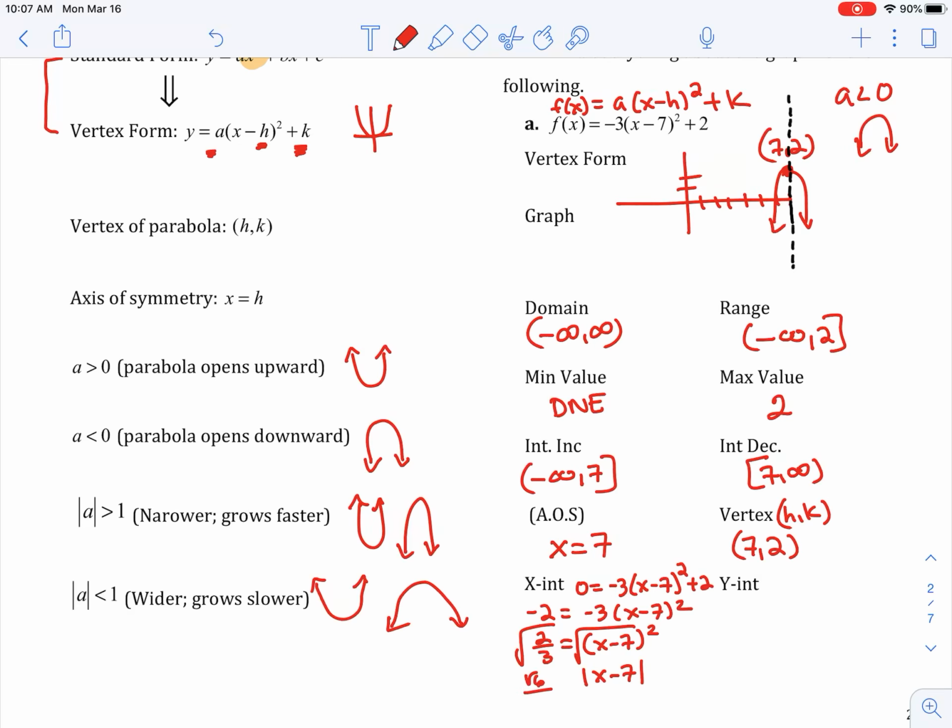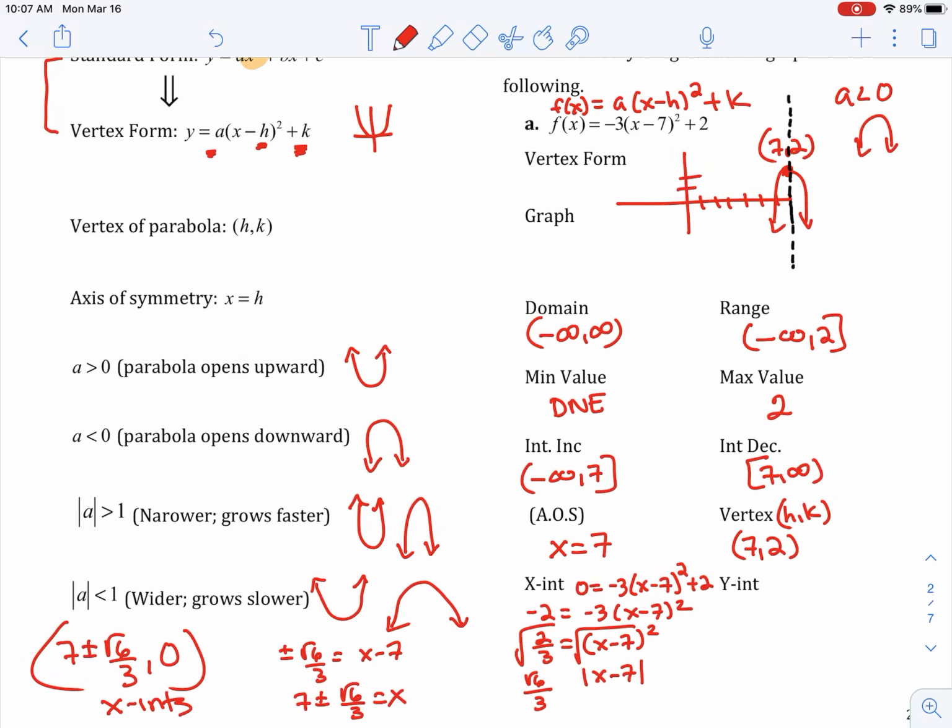I'm going to rationalize the denominator right away, root 6 over 3. And because of the absolute value, we would get plus or minus the root 6 over 3 equal to x minus 7, and then bring our 7 over. So we have two x-intercepts. I'm just going to put them over here. 7 plus or minus root 6 over 3, comma 0 for our x-intercepts.